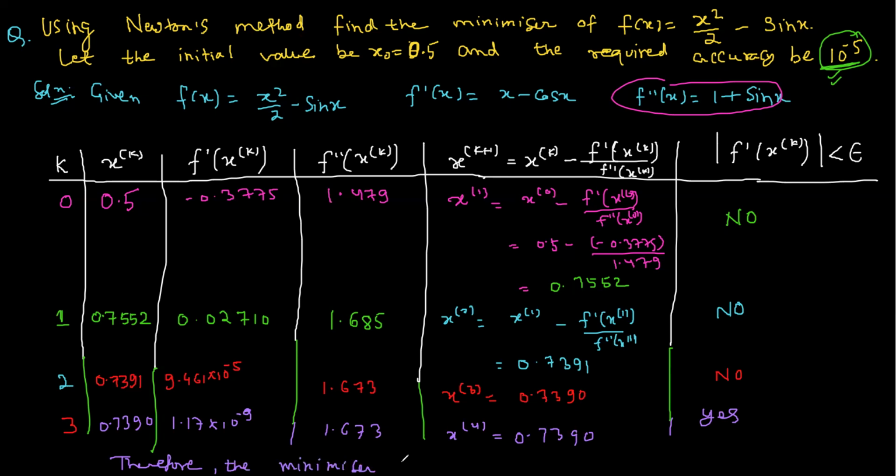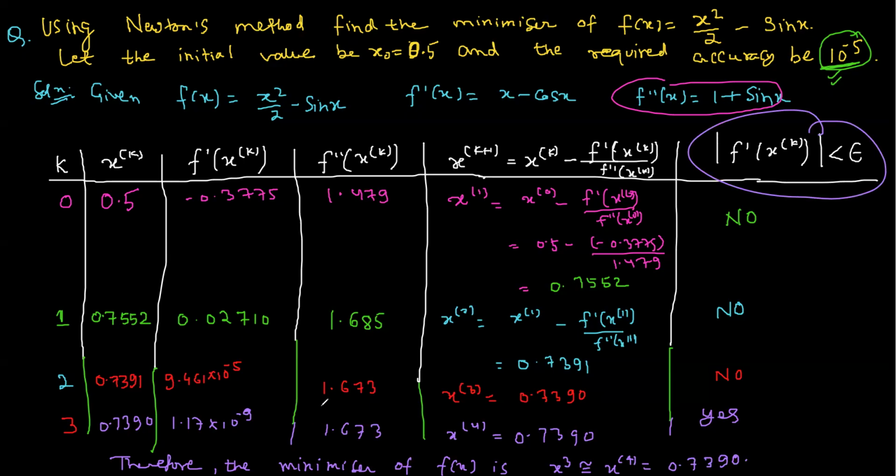The minimizer of the given function is x3, which is approximately equal to x4. Understood? Points. Yes, yes. Only check this part. At which point?